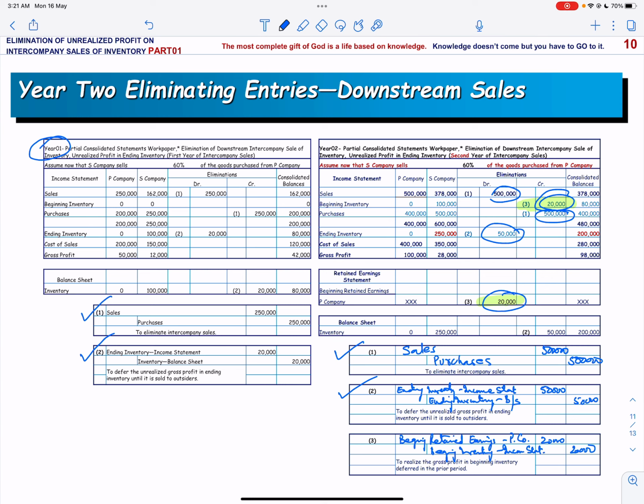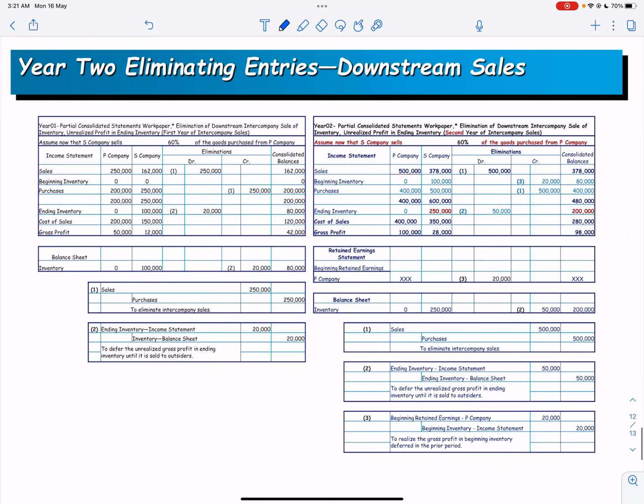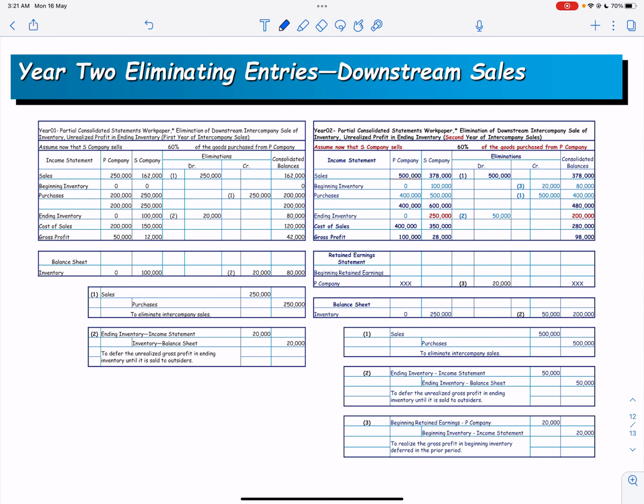Okay, so that's how we complete our explanation. And again, I have put the Excel sheet for this calculation. You can verify it, and if there is any mistake, please share it in the comment box.